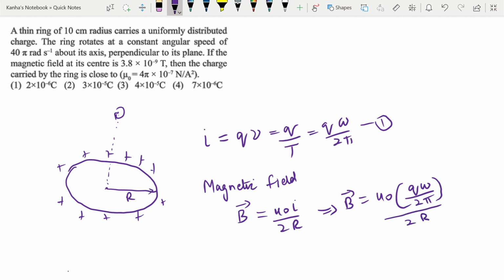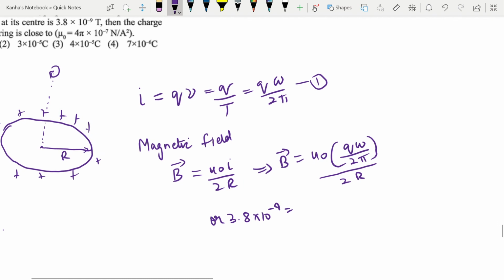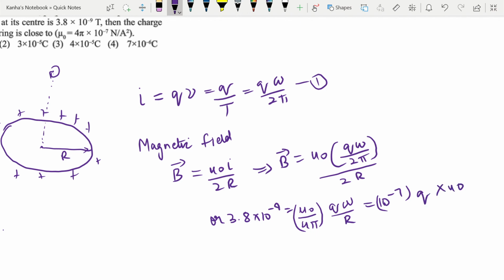divided by 2r, or I can write this as 3.8 times 10 to the power minus 9 is equal to mu naught by 4 pi times q omega by r, which is nothing but 10 to the power minus 7 times q times 40 pi divided by 0.10.